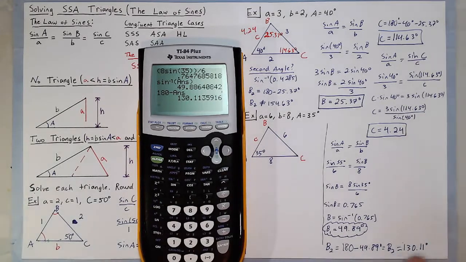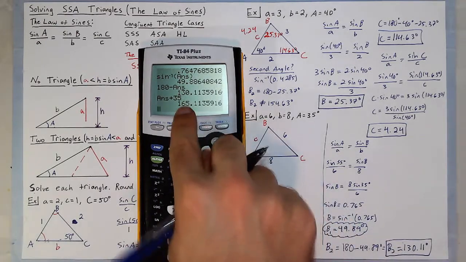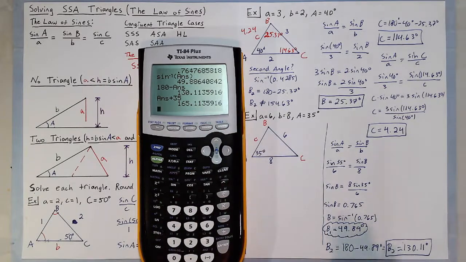Now the reason why this angle is possible is because 130.11 plus that 35-degree angle is still less than 180. So I have two possible angle C's as well. So there are my two possible angle B's.